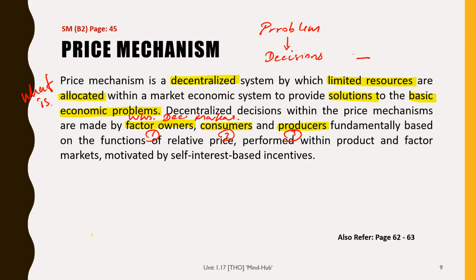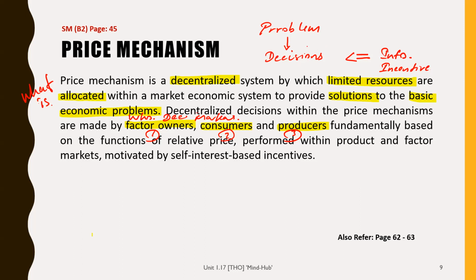To make decisions, you need information, and you also need some incentive, some motivation that pushes you to decide. Once you have information and incentive, you actually make the decision, and once you make the decision, you solve the problem.